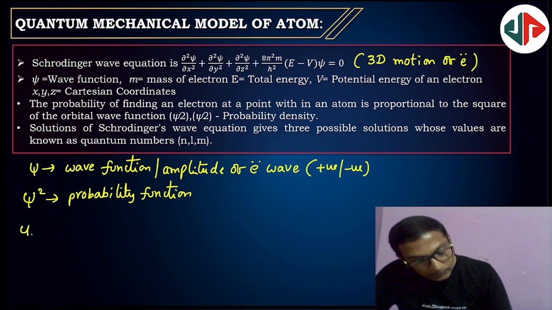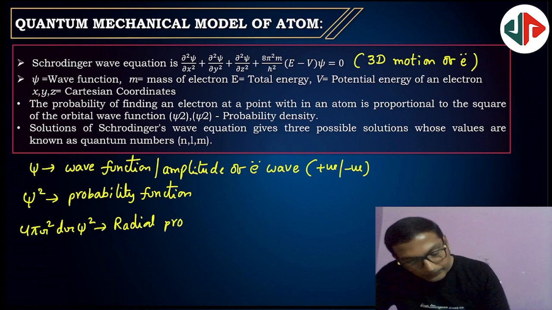Next, 4 pi r square dr into psi square represents radial probability distribution function.